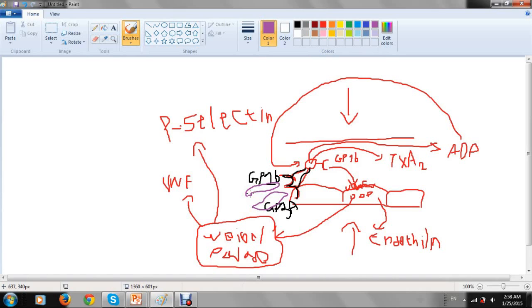So this fibrinogen molecule will be used as a linker to another platelet. So fibrinogen will come and it will sit on GP2B or GP3A receptor, and another platelet will come and again with GP2B or GP3A receptor will connect to the fibrinogen.